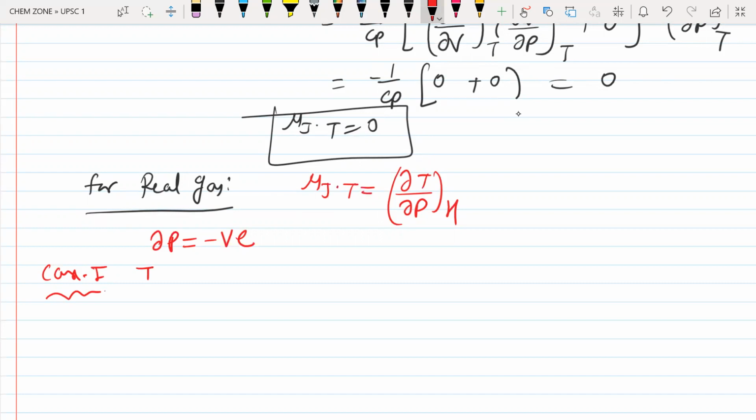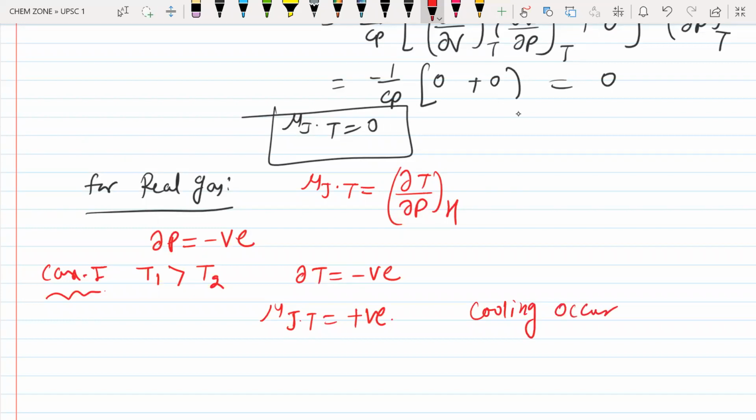If T1 is greater than T2, final temperature is lesser than initial temperature. Means dT will be negative. So the ratio of dT by dP will be positive. Means if the temperature is decreasing during this process, the value of Joule Thomson coefficient will be positive.